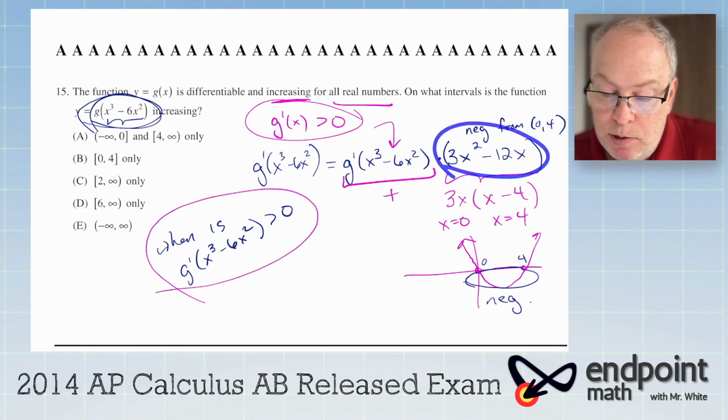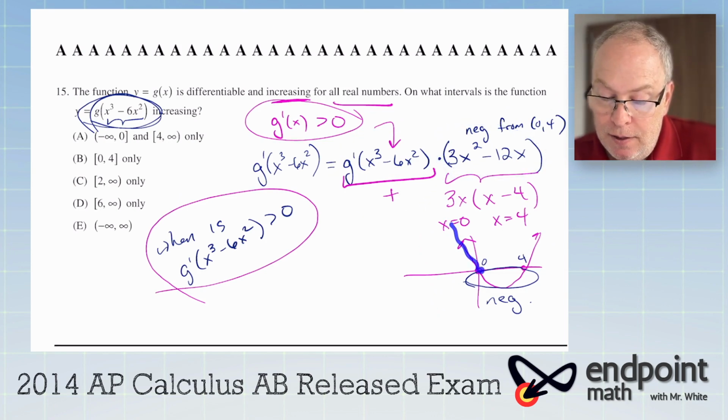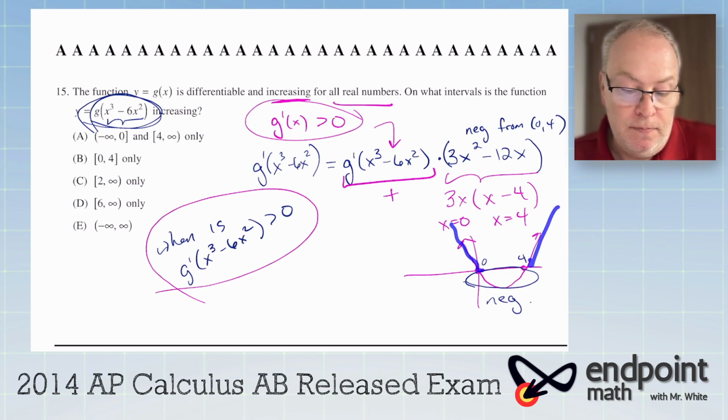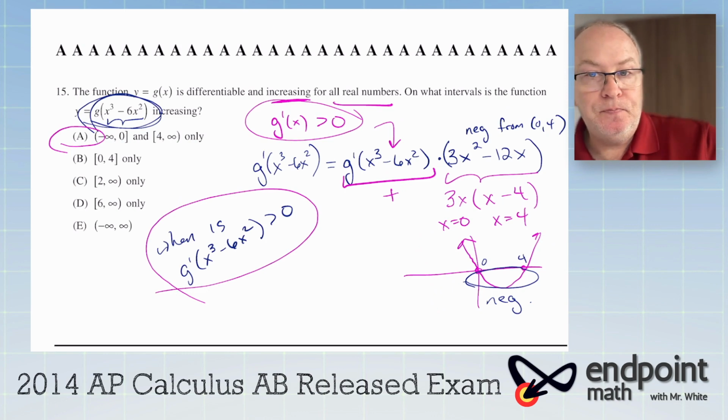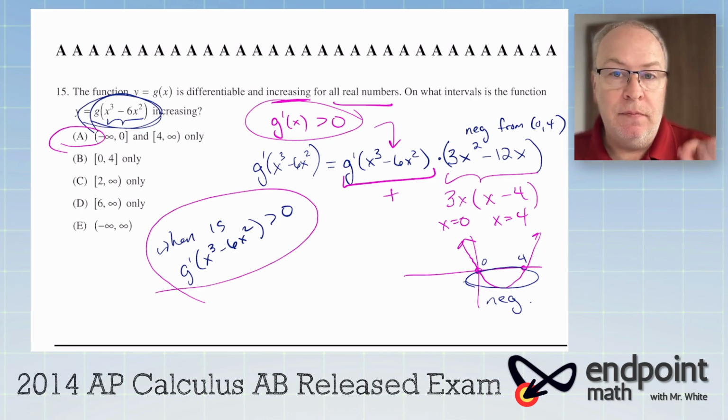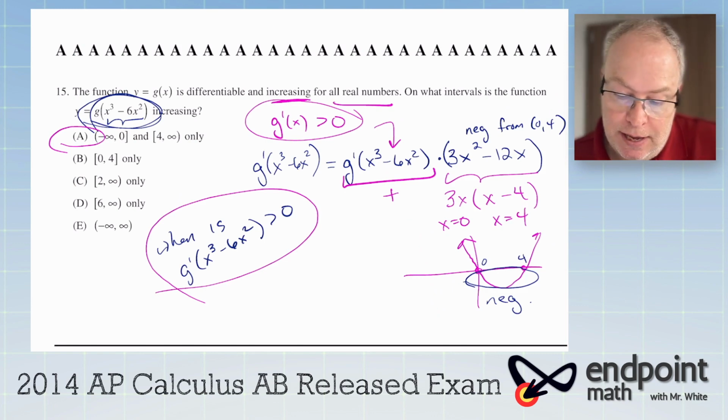So when is this parabola positive? On this interval and this interval. That's why the answer is A. So this was a test of your understanding of the chain rule, and that we really didn't need to know what the g function is. We just needed to multiply by the derivative of that inside function at the end.